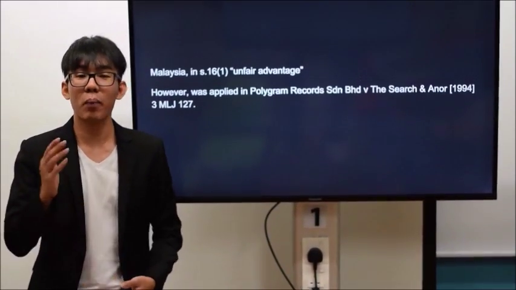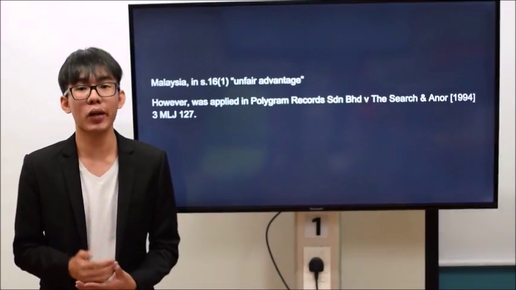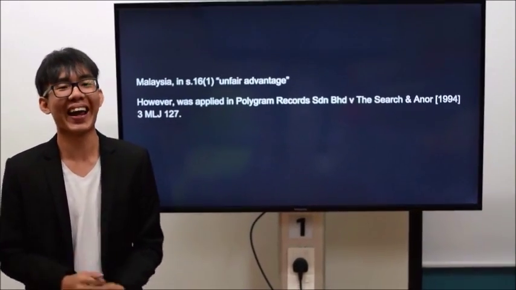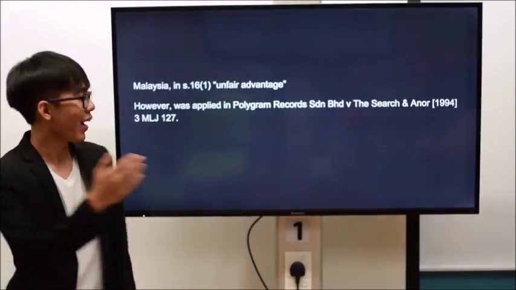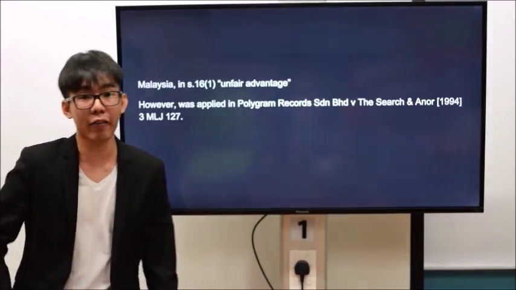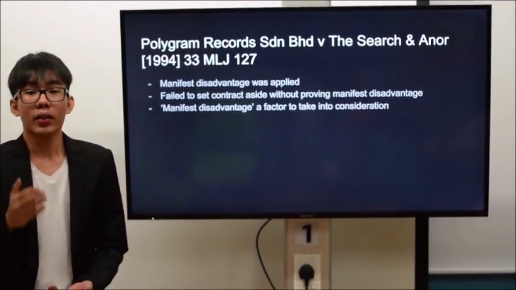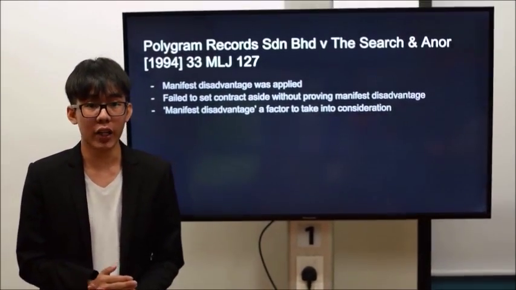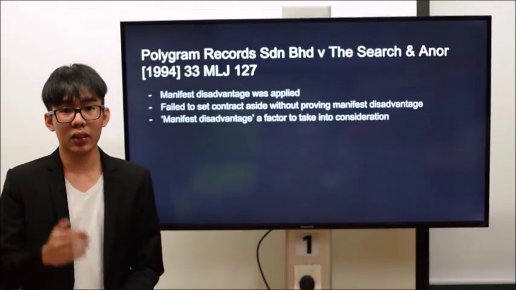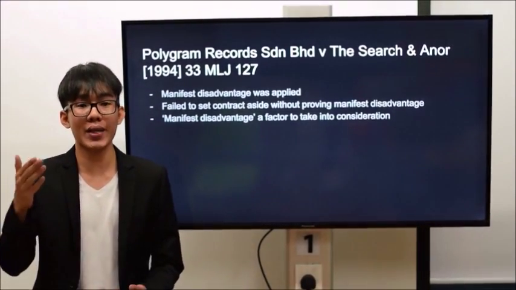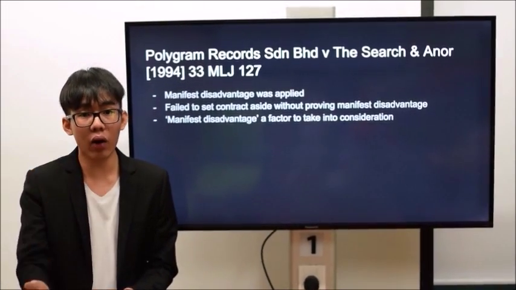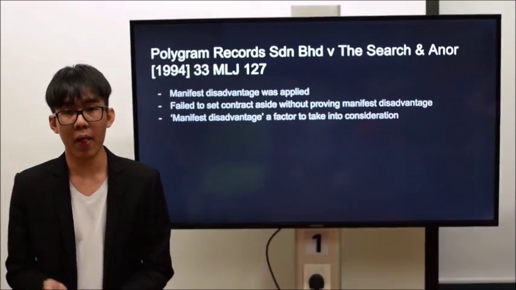In Malaysia, the modern approach of the second element was recognized by Justice Visu Sinnadurai in Polygram Sdn Bhd v Search in 1994. Yet, the test of manifest disadvantage was nevertheless applied, and in fact, the failure of the defendant to establish manifest disadvantage disallowed them from setting the contract aside.